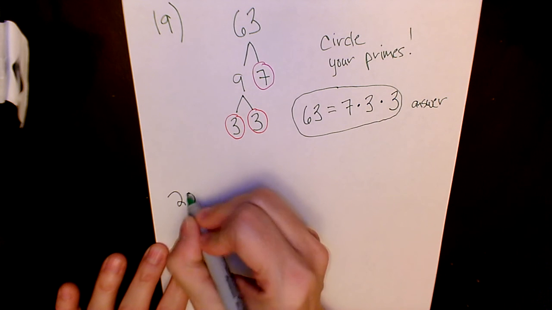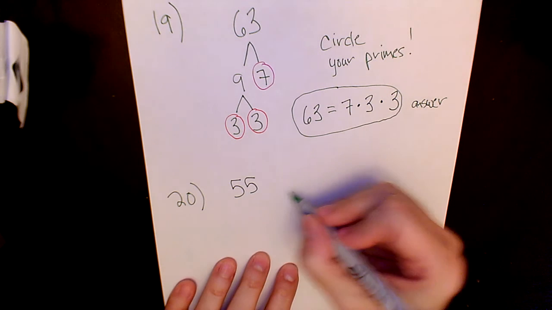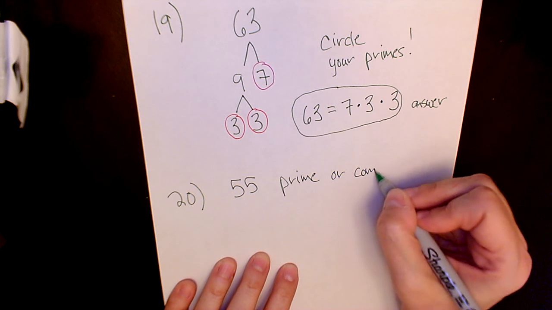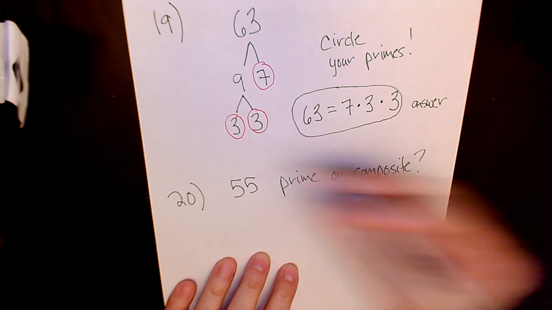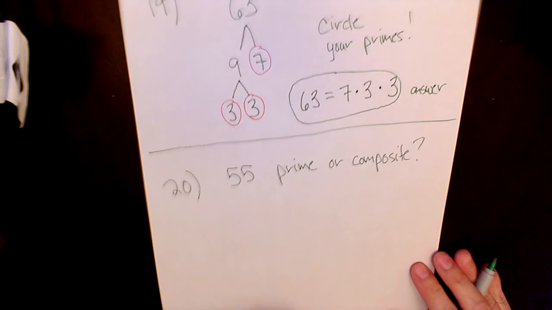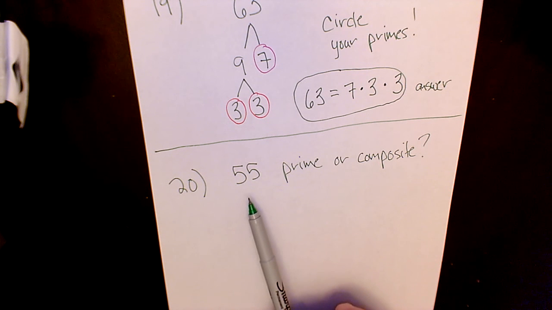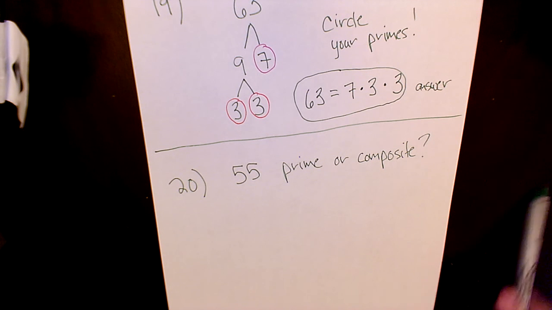Okay, I'm on my last one. So I want to take a look at 55. Is this a prime number or a composite? Well, in order to be prime, it only has 2 factors, one and itself. If we can show that something besides 1 and 55 goes into 55, we have a composite.